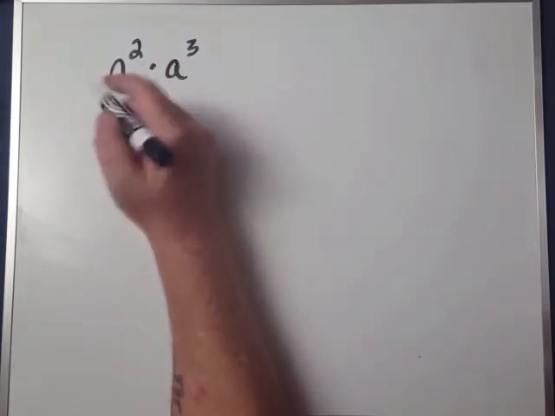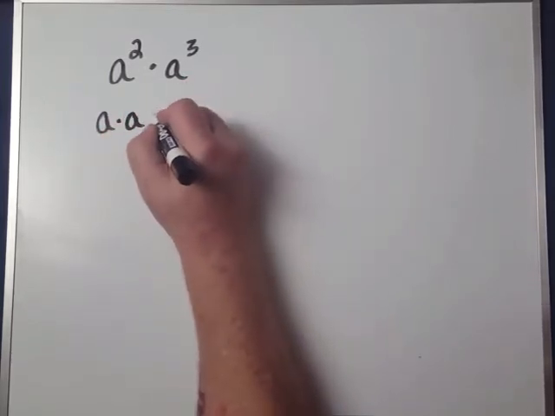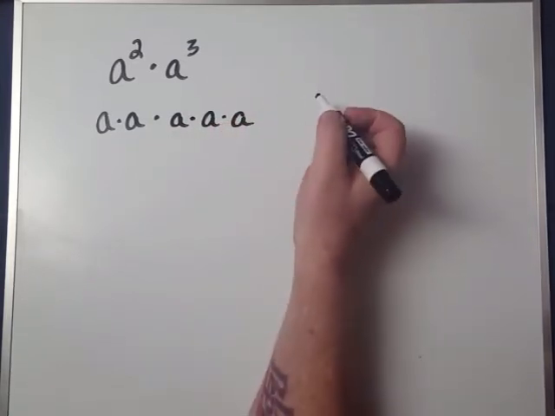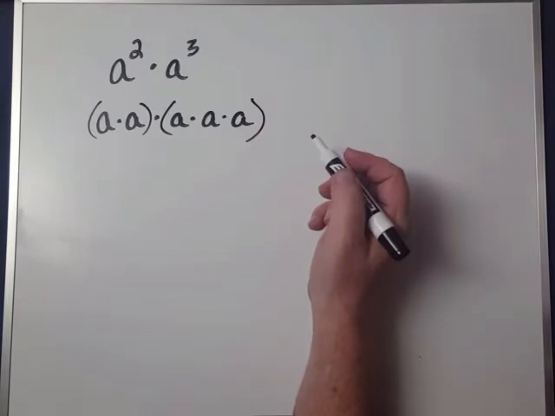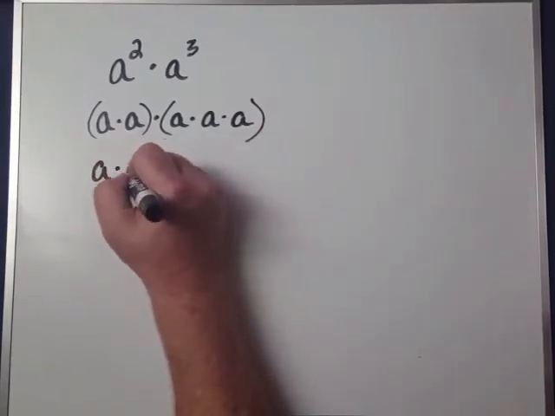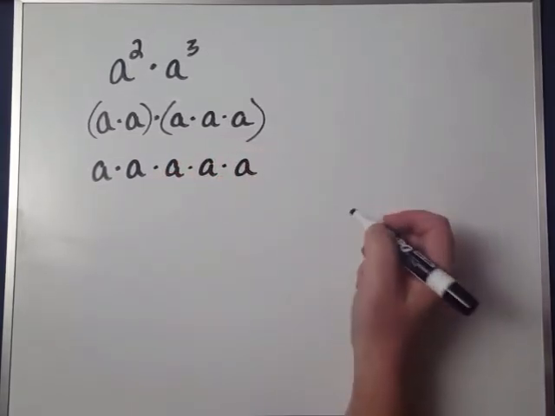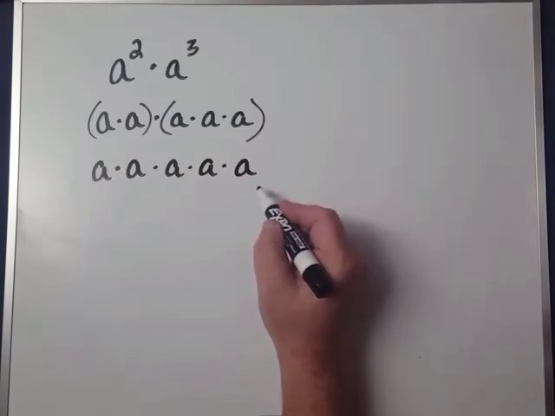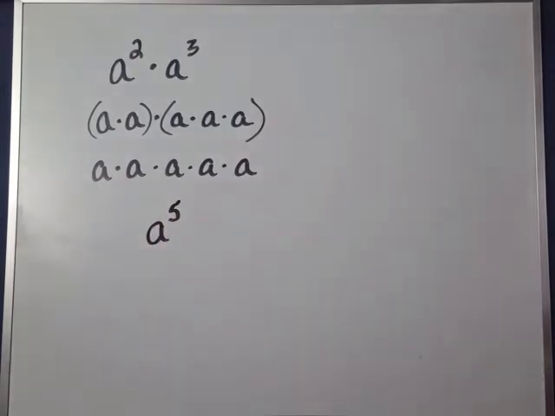Well, by definition, a squared is 2 factors of a. And a cubed is 3 more factors of a. Strictly speaking, I would have parentheses like this. But what do I know about multiplication? Multiplication is associative. And so I can drop those parentheses. What do I have? 5 factors of a, which by definition is a to the 5th power.